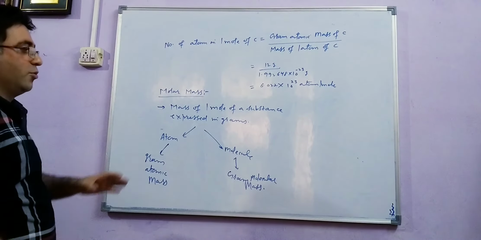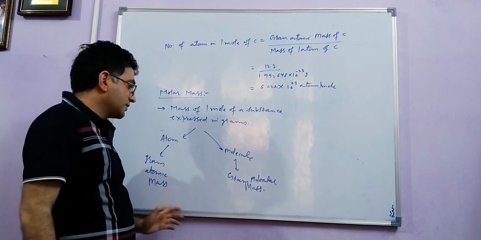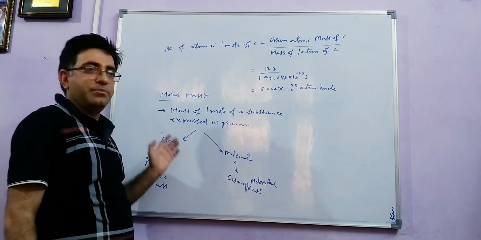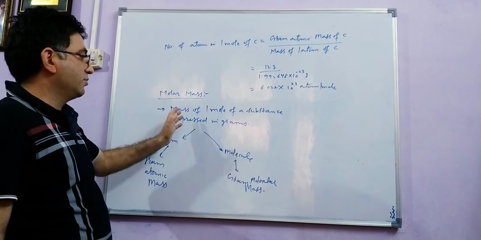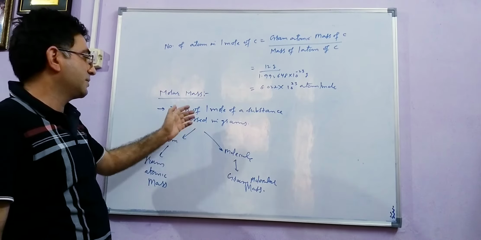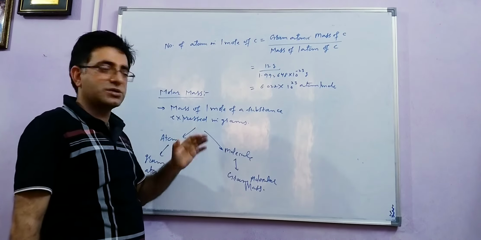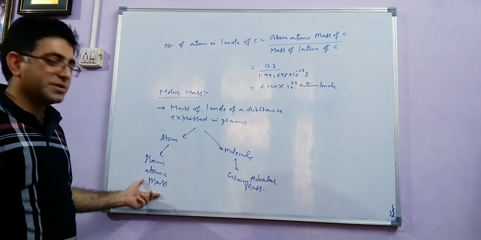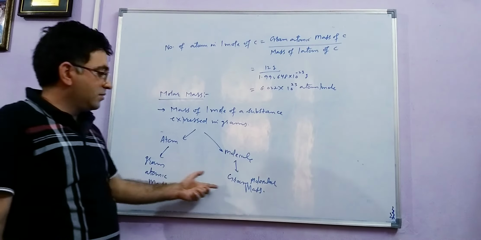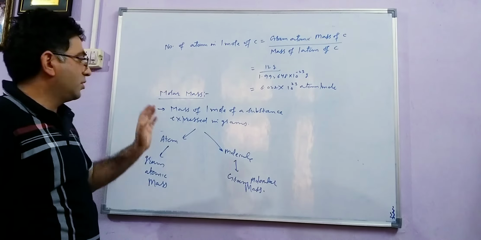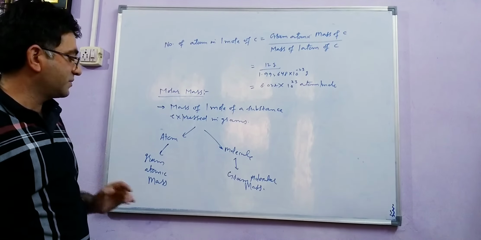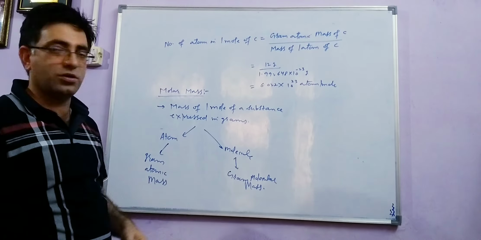So molar mass is basically gram atomic mass and gram molecular mass. If the substance is atomic, atomic mass expressed in gram is gram atomic mass. Molecular mass expressed in gram is called gram molecular mass. So molar mass is of two types: one is gram atomic mass, one is gram molecular mass.